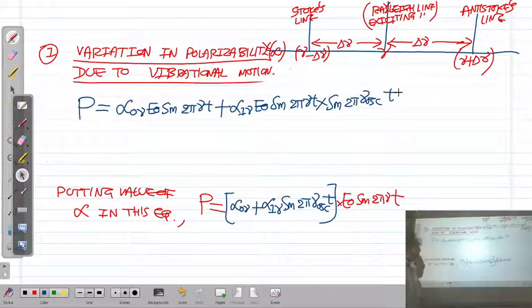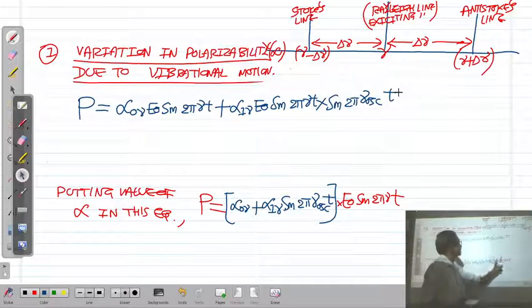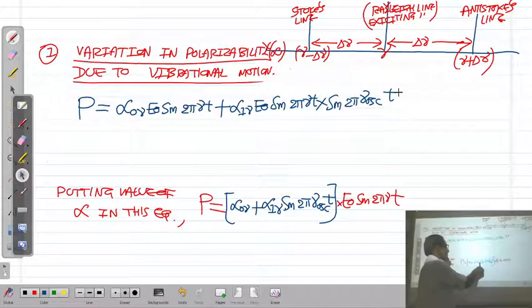Right? So the induced dipole moment in a vibrating molecule P is equal to alpha 0 nu E0 sin 2 pi nu t plus alpha 1 nu E0 sin 2 pi nu t sin 2 pi nu oscillation t.